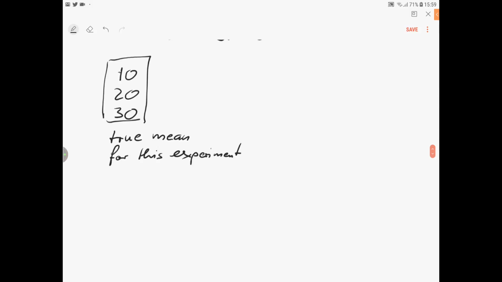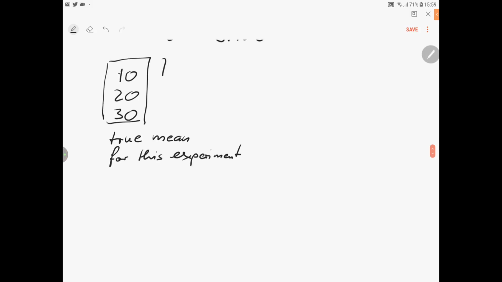So we can use our data as a sample and say from this sample we make a prediction.